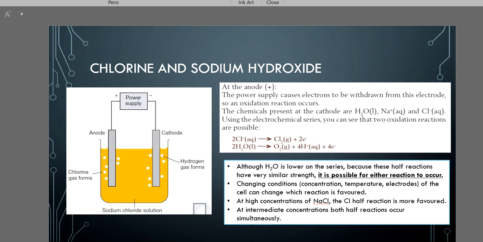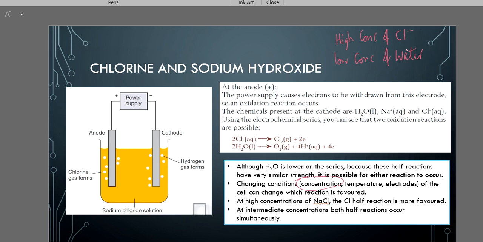Rather than necessarily having 1 molar H2O, what you can manipulate is having a really high concentration of chlorine ions and a low concentration of water. Low enough that we're still using water and still have a movable electrolyte, because that's still important. You still have to have ions being able to flow between your anode and your cathode just as normal. But it's sort of a balancing act.